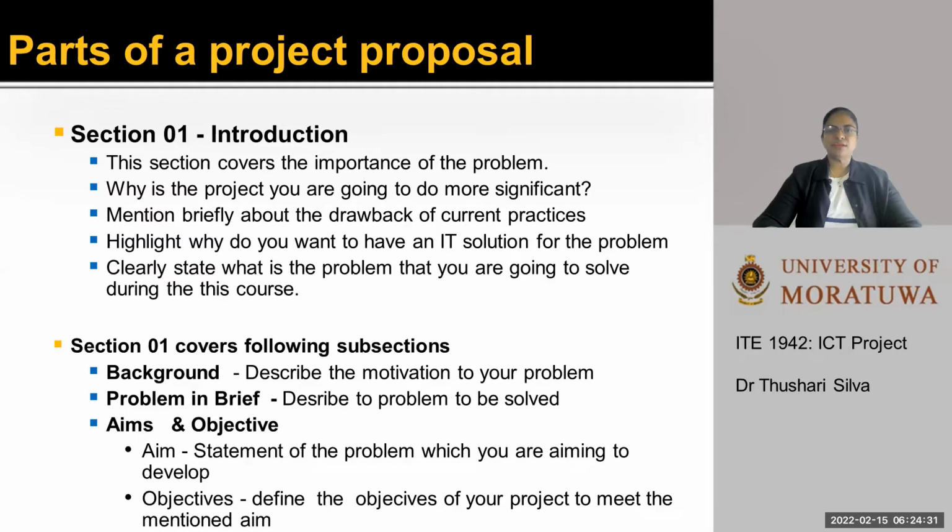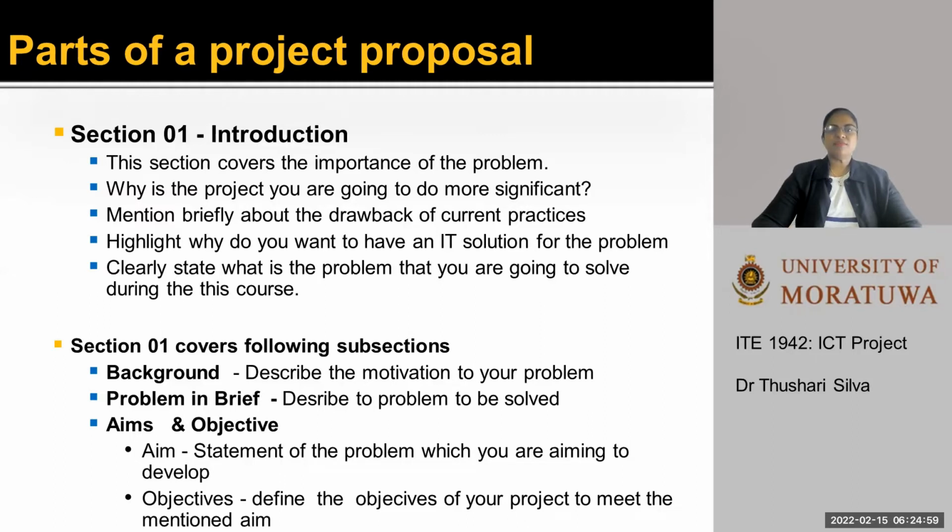What will it contain? Basically, you have to provide a background section which describes the motivation and the background information about the project, and also the problem in brief. You have to tell very briefly what your problem is, plus aims and objectives. What are you going to do and how are you going to achieve those targets?